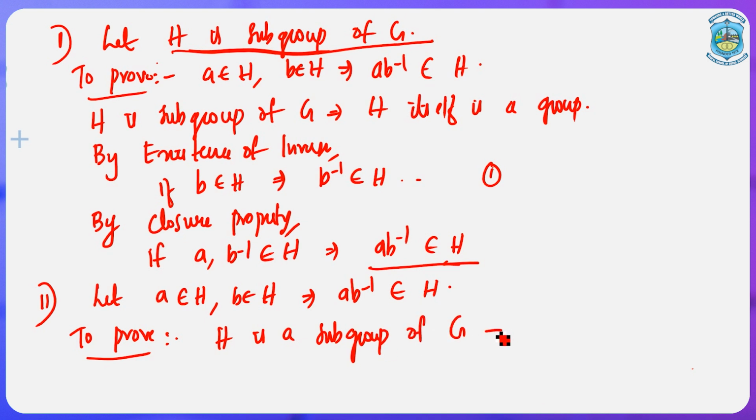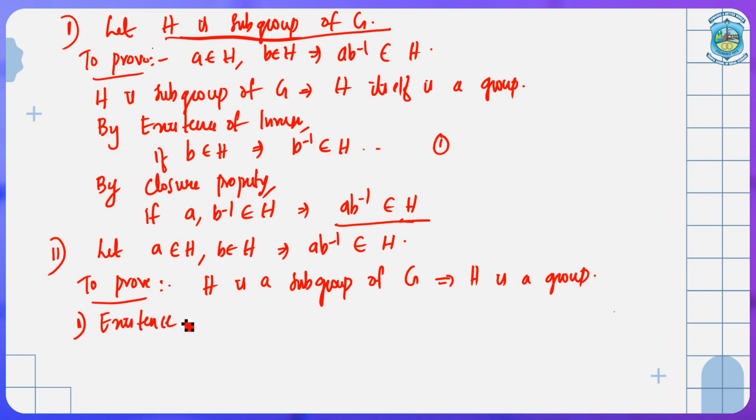So, basically we are supposed to prove that H is a group. To prove a subset to be a group, we are supposed to show all the four axioms, that is closure, associative, identity and inverse. So, we will start with existence of identity. Let us consider two elements.